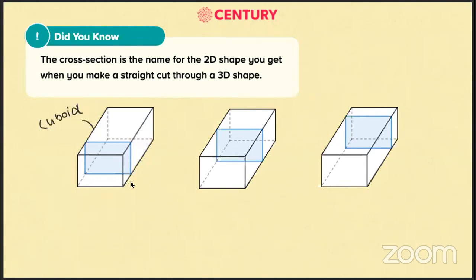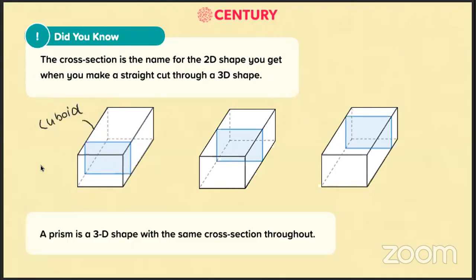Now, this cuboid has been cut here to make a rectangle. If I cut the shape here, or here, or here, I still get the same rectangle. So you could say that the cross-section of the cuboid is a rectangle.